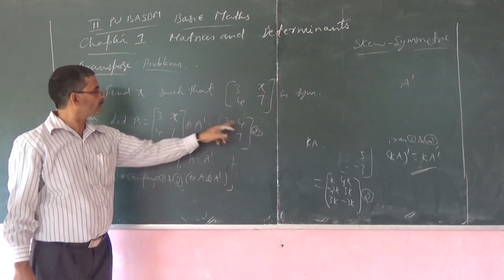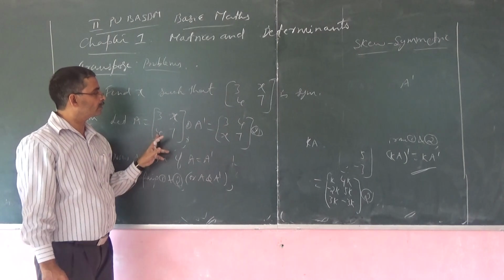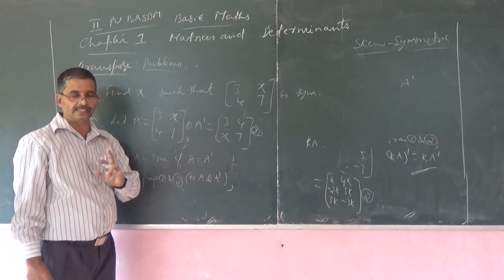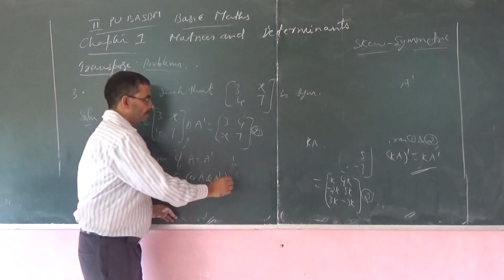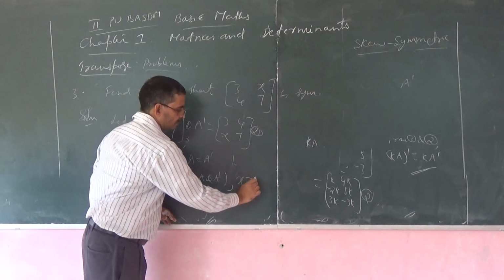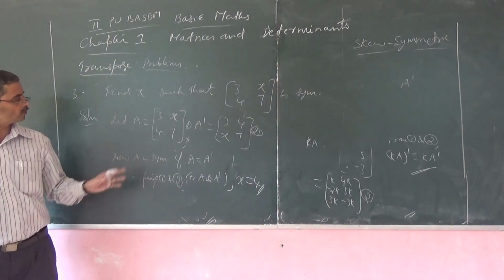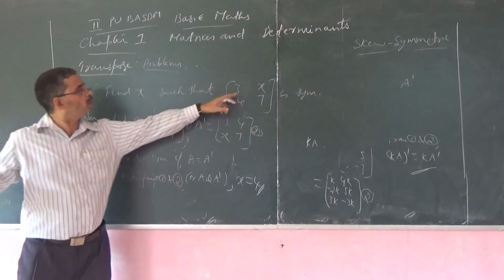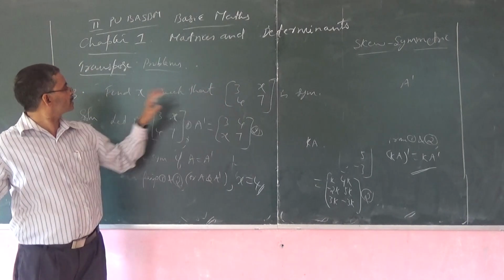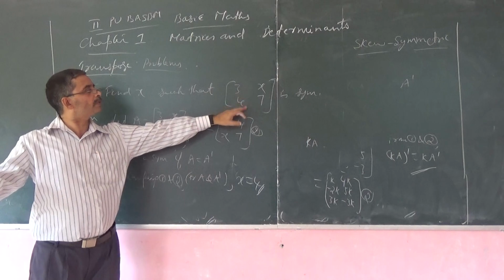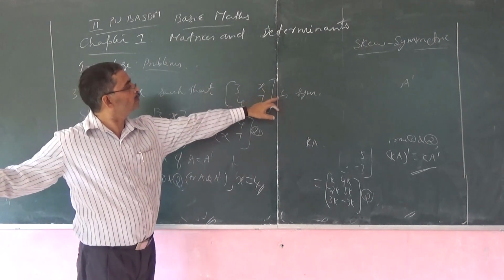See, X equal to 4 because 3 equal to 3, and 4 equal, X should be equal to 4. X4 should be equal to X7 and 7 already there. So comparing these two we get X equal to 4. So when X equal to 4, then this will become symmetric.